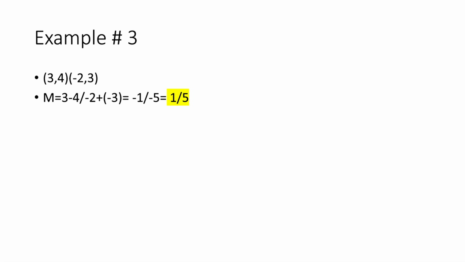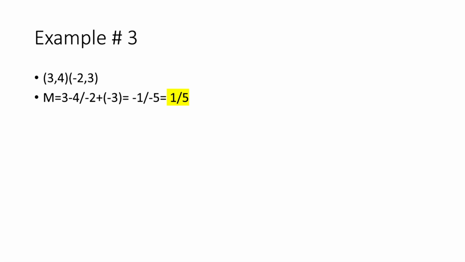Example 3. (4, 3)... (3, 4) and (-2, 3). M equals 3 minus 4 over negative 2 plus negative 3 is what you should get after you plug the ordered pairs into the formula, and the formula is y2 minus y1 over x2 minus x1.